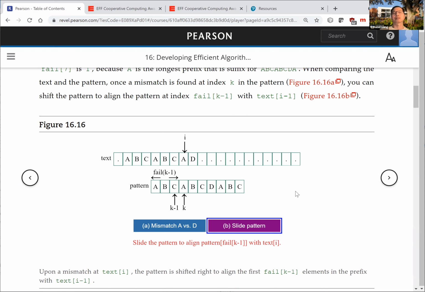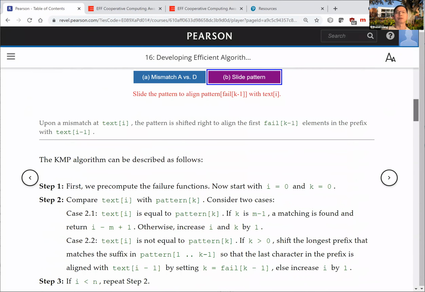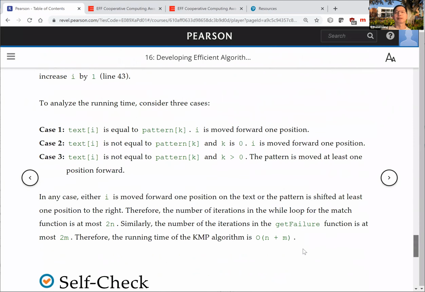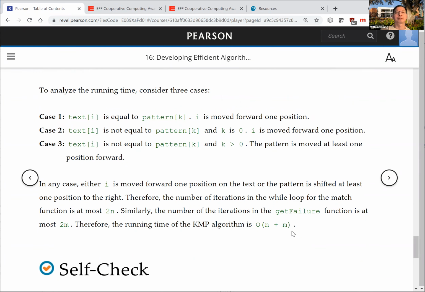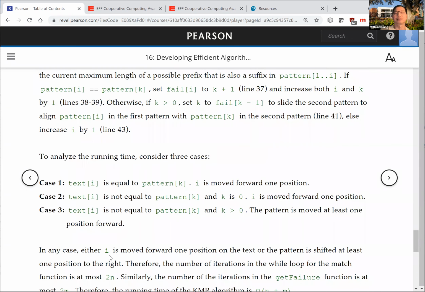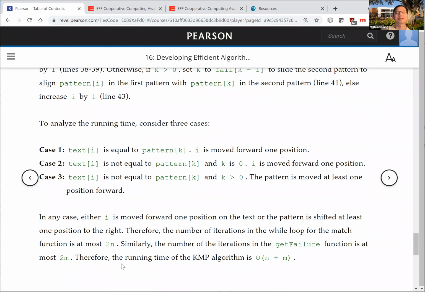So the time complexity is going to be on the order of n times m. The reason is that in any case, either i moves forward one position on the text, or the pattern is shifted at least one position to the right. So eventually you get the order of n times m time.